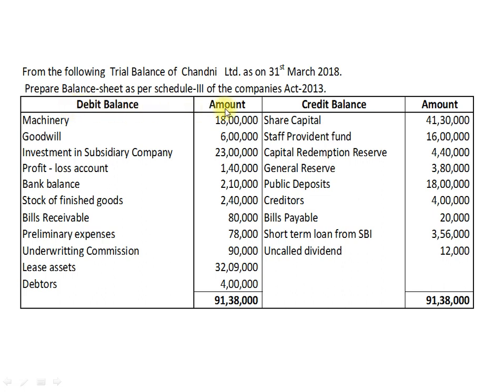Debit balance amount, credit balance amount. Machinery, goodwill, investment in subsidiary company, profit and loss account, bank balance, stock of finished goods, bills receivable, preliminary expenses, underwriting commission, lease assets, debtors.